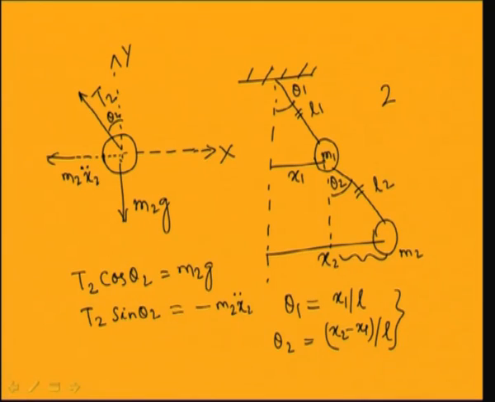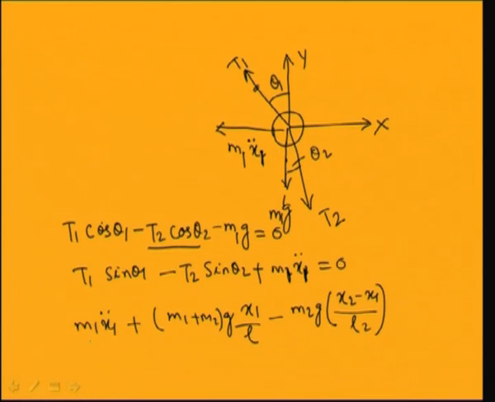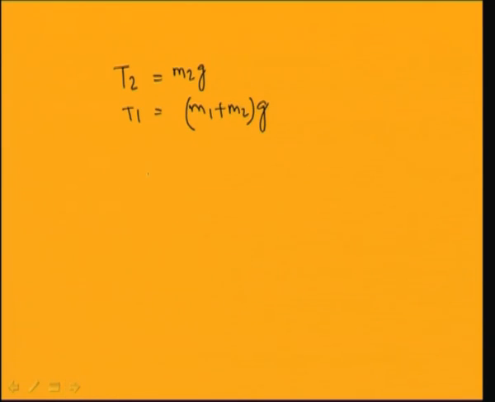This length I have taken L1, so this becomes x1 by L1, and this theta 2 becomes this by this, so this becomes L2. In this way you can get the expression for this. So, this is equal to m1 x1 double dot plus (m1 plus m2)g x1 by L1 minus m2g (x2 minus x1) by L2. So, by rearranging this equation, you can write the equation in this form.